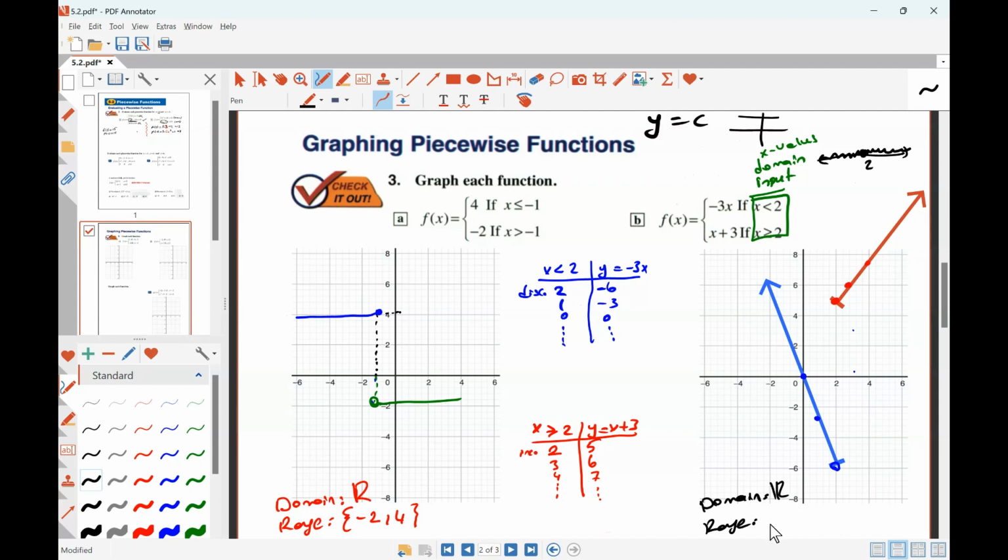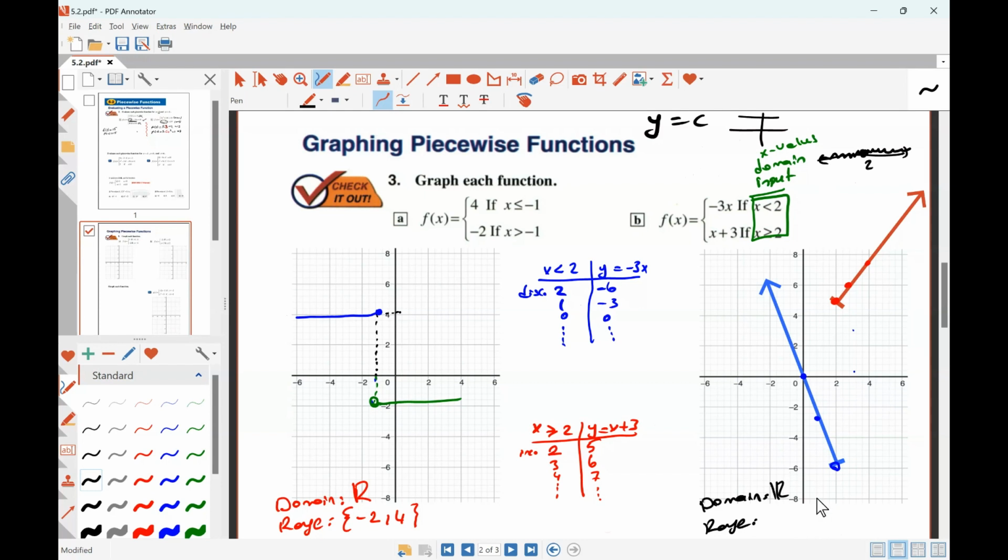What about range? For range, we should look at the y values. What are the y values? The function is heading up, going to infinity in the positive direction, but there is a restriction. The function is not going down. The function starts from -6. So before -6 we don't have any graph, so we don't have any y value.